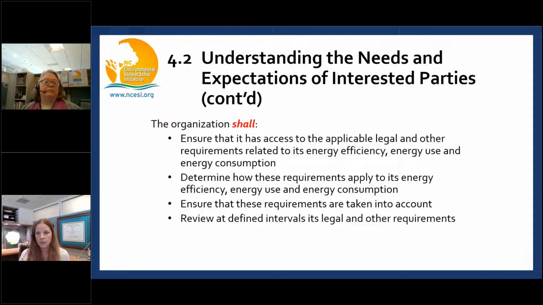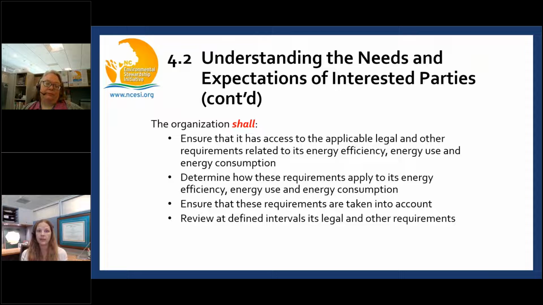So I have some notes for this slide. The first is that a lot of the new standards have moved to something called compliance obligations instead of referring to them as legal and other requirements. The energy standard has not.